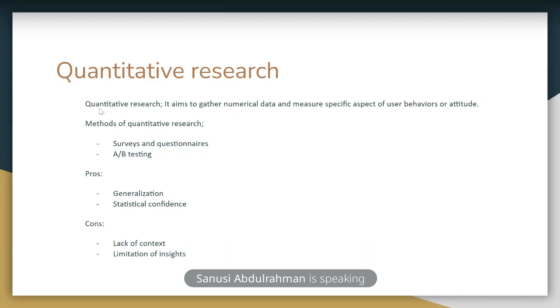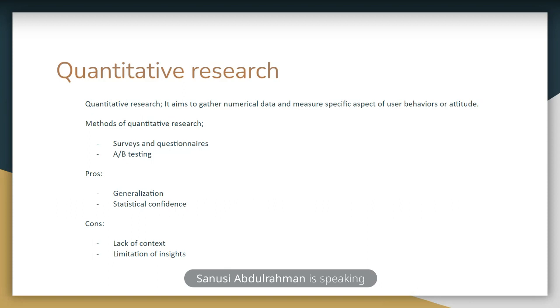Quantitative research attempts to gather numerical data and measure specific aspects of user behaviors or attitudes. Quantitative research is not really going in depth like qualitative research. It helps with getting large samples of data. For example, I want to talk with farmers because I want to build a product that the farmer will be using.